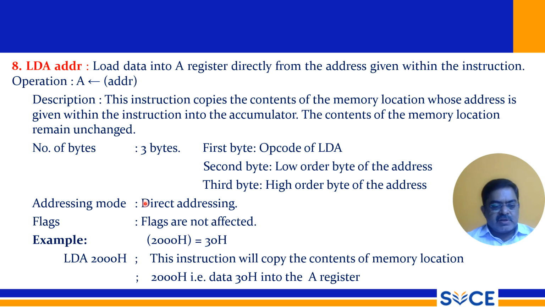It belongs to direct addressing mode. Now 2000 is having 30H, so that 30H will be stored in the accumulator, from right to left. So that is LDA 2000H.